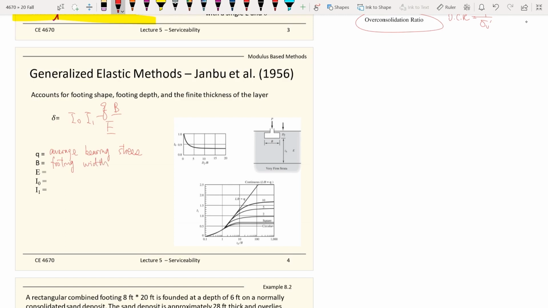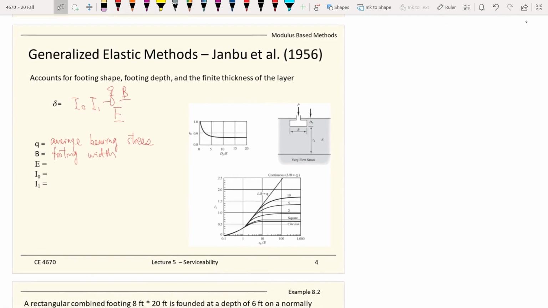So this is the B right there, and E will be the average soil modulus. And I naught and I1 are correction factors.